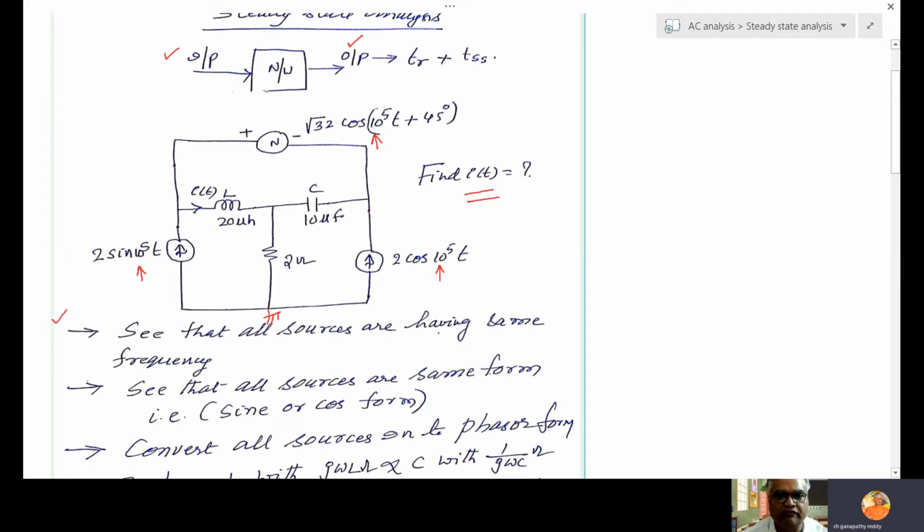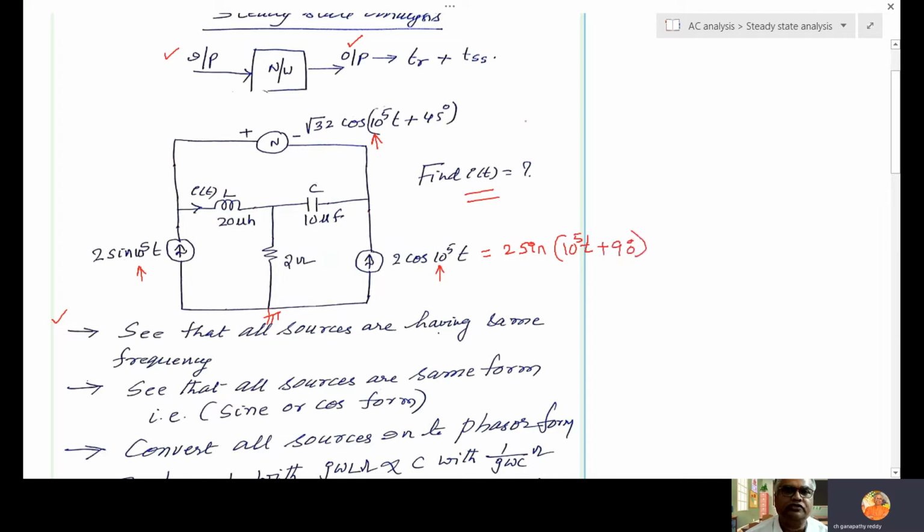Next, see that all sources have the same form, either sine form or cos form. But these two sources are in cos form, whereas this is in sine form. So we have to change all sources into any one form, either sine or cos. Generally, normal practice, we take sine form. So I can change cos into sine. 2 cos 10 power 5t becomes 2 sine 10 power 5t plus 90 degrees.